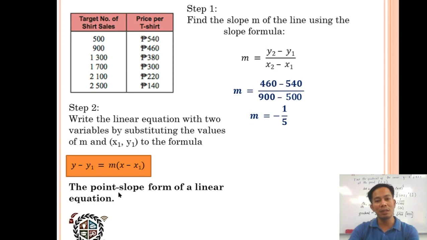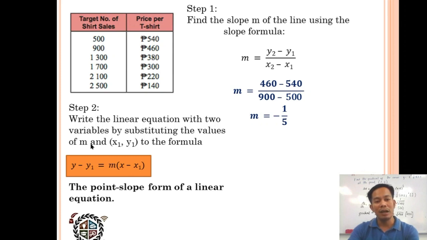Dapat meron kang point at meron kang slope. So kapag wala kang point at wala kang slope, isa sa kanila ang wala, hindi mo pwedeng gamitin itong formula na ito. Okay? Yung mga hindi nakakatanda ng formula na ito, please take note of this formula. This is only applicable kapag mayroon kang point at mayroon kang slope.